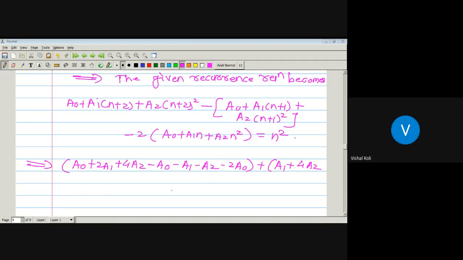From here we will get minus a1. From this one, n square plus 2n plus 1, minus 2a2, minus 2a1 into n, plus n square a2 from here minus a2, from here minus 2a2.